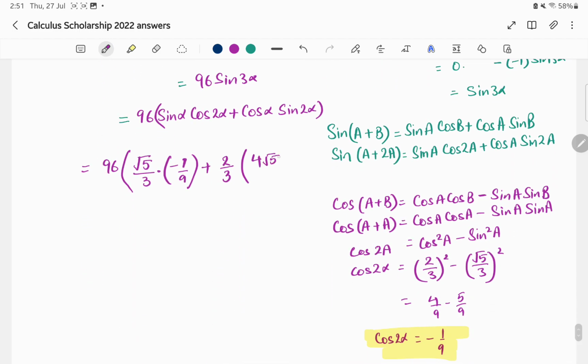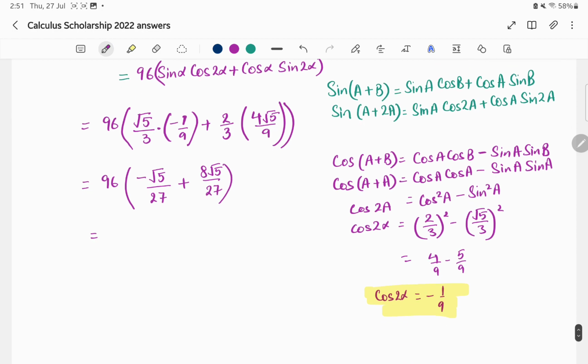Now we will have to simplify this. So it's 96 times minus root 5 over 27 plus 8 root 5 over 27.